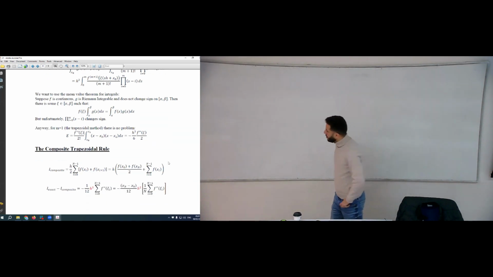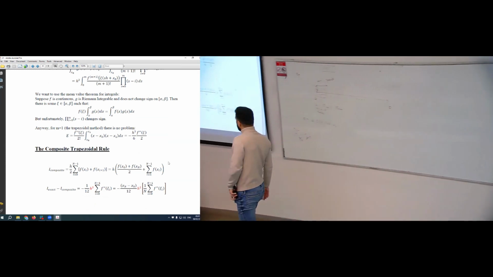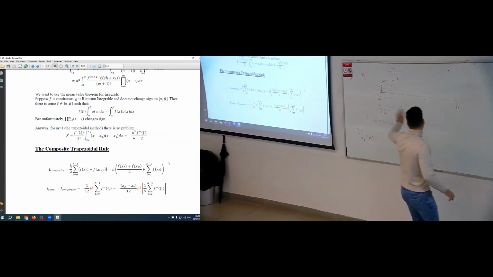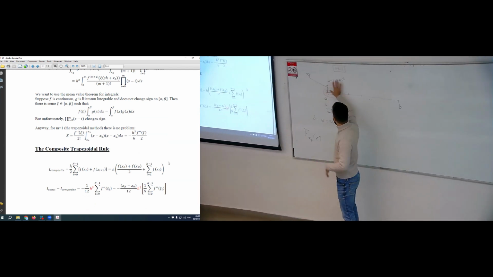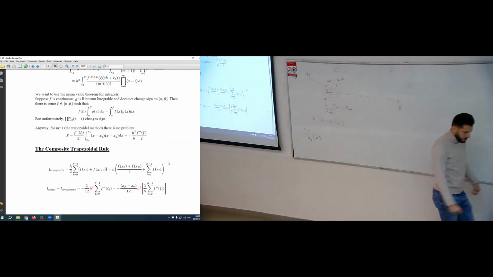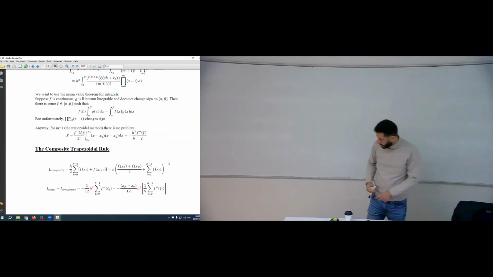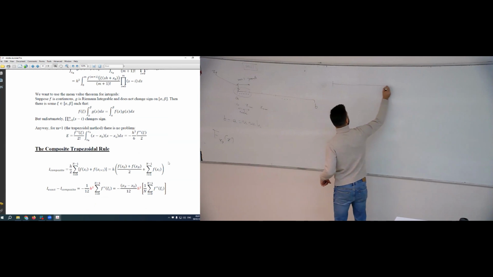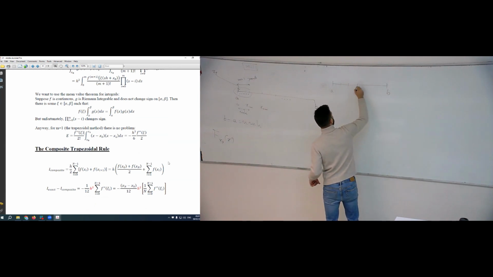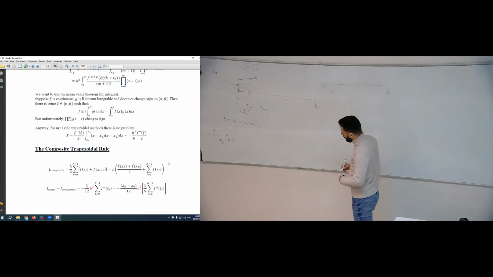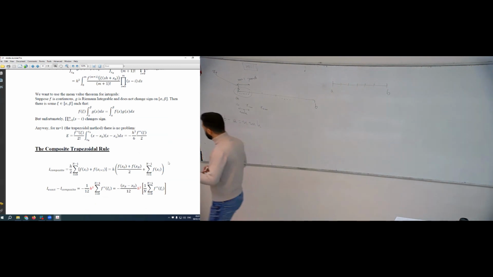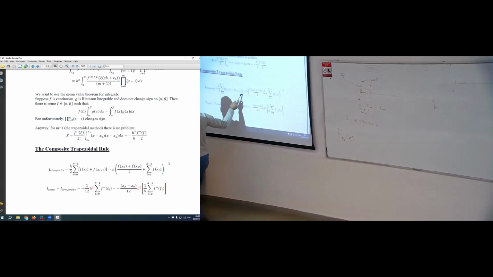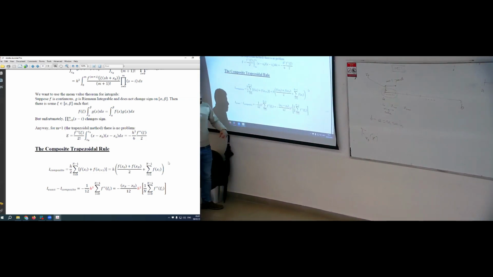Now let's remember what's the trapezoidal method when we compose it. So forget about n+1 points. It's only 2 points at each segment. And the trapezoidal method is to take h over 2.